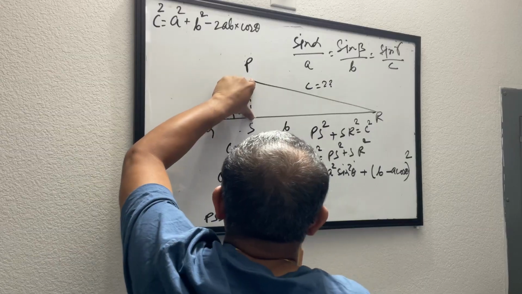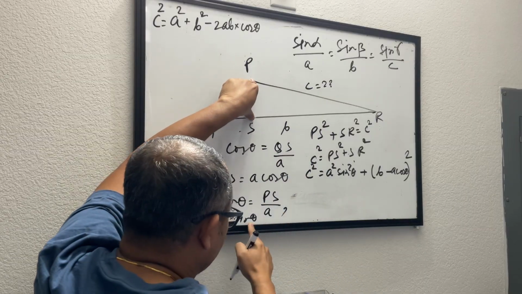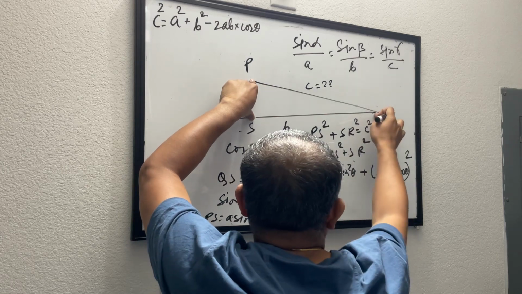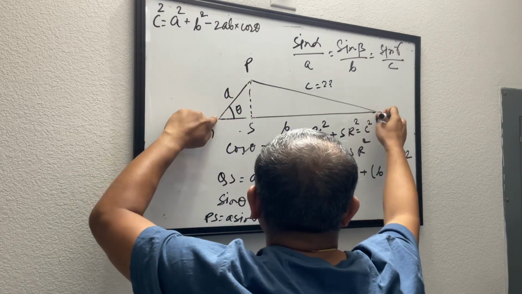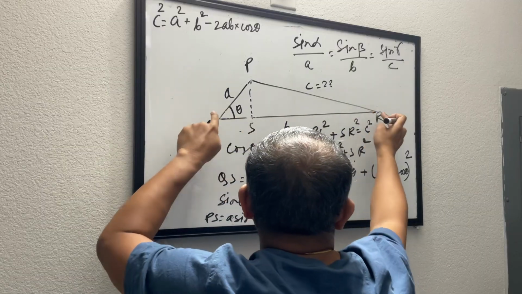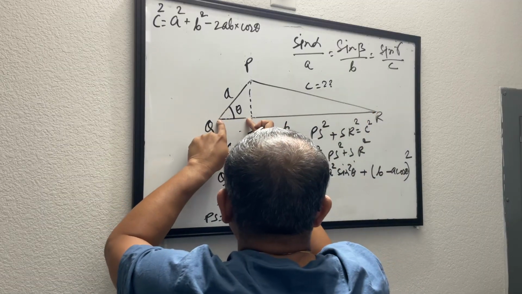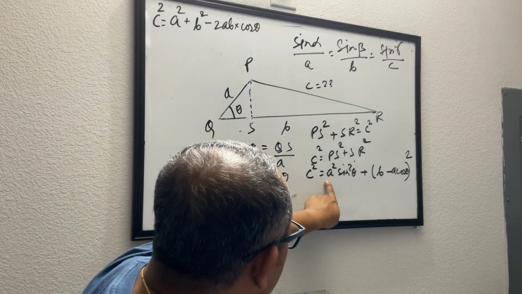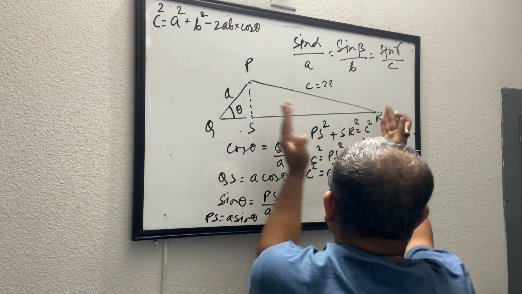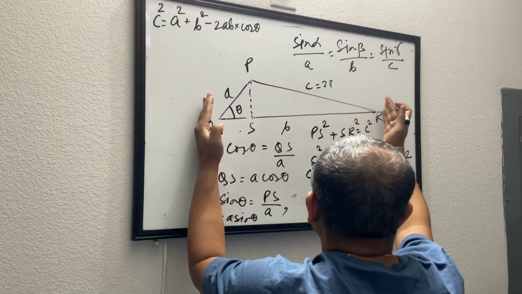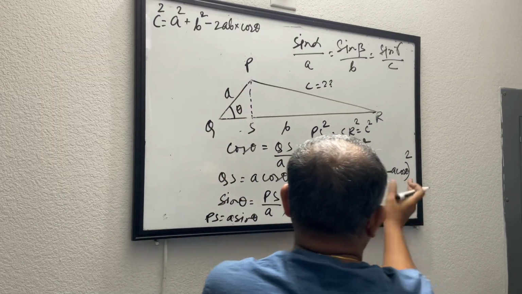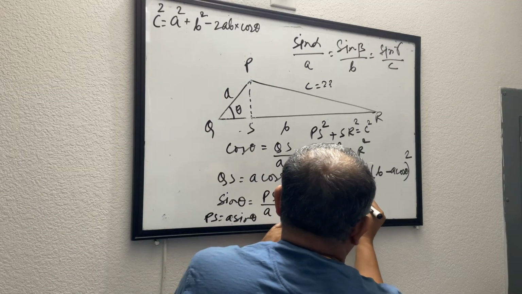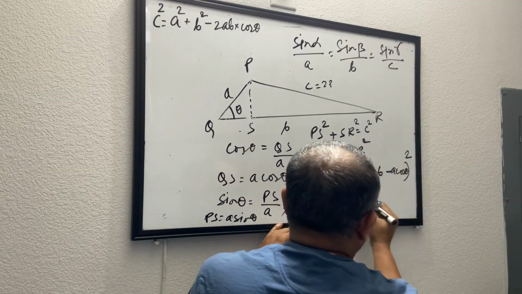Now this square is PS. PS we found as A sine theta, so PS square is A square sine square theta. This side is part of this side, so this side minus this side equals this side. This side is B and this part is QS, which we found as A cos theta. So SR square is this minus this whole square. So this is A square sine square theta plus (B minus A cos theta) whole square.